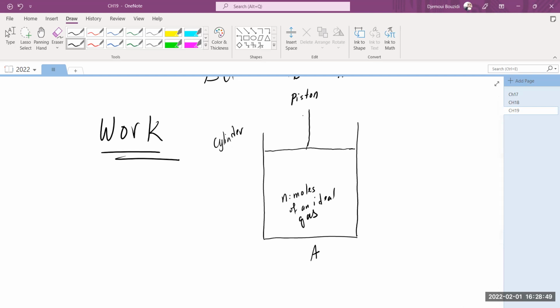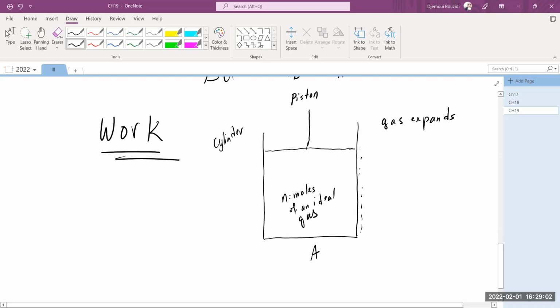Imagine with me that somehow the gas expands. So it was at this height y. Now it has increased by an amount delta y, or dy. So the new position of the piston has gone up, so the volume of the gas has gone up.